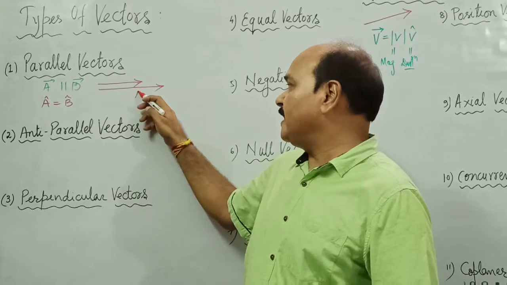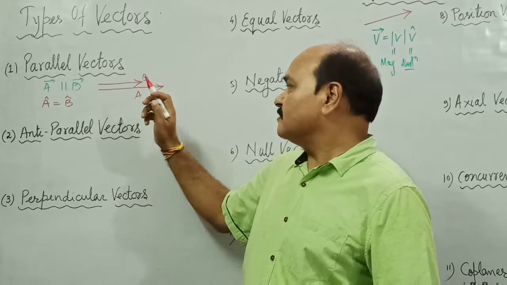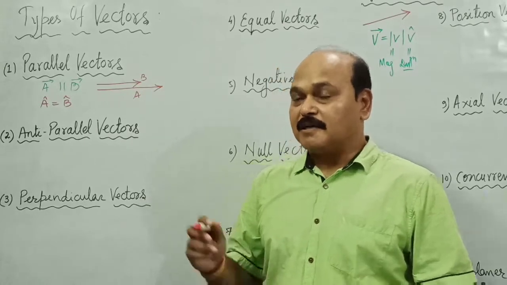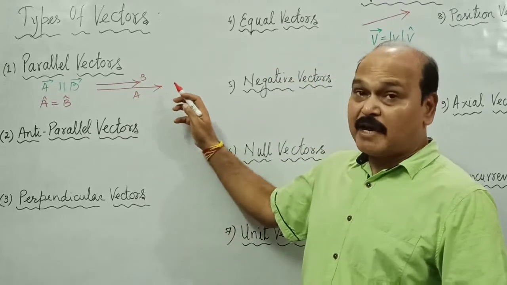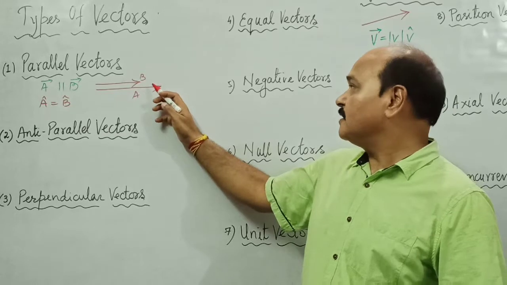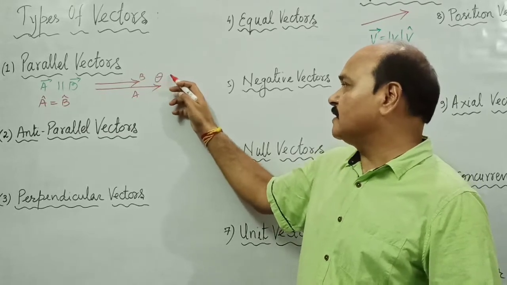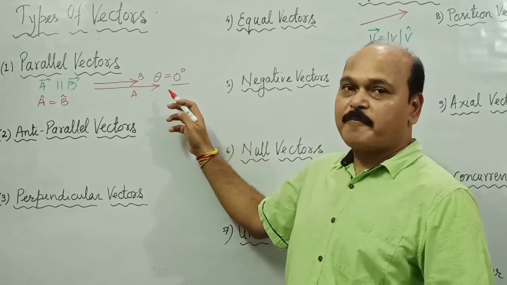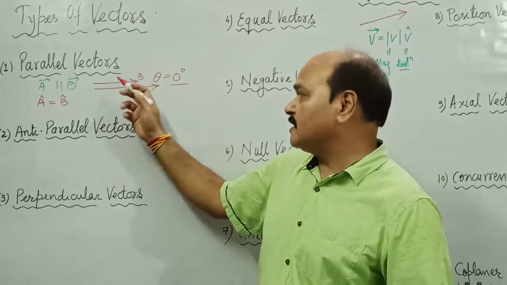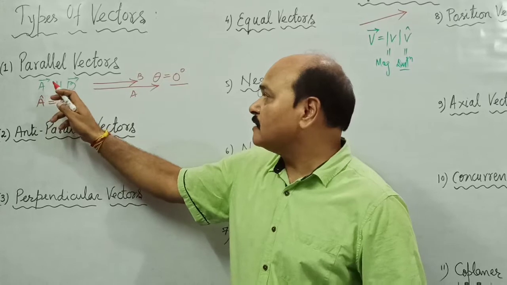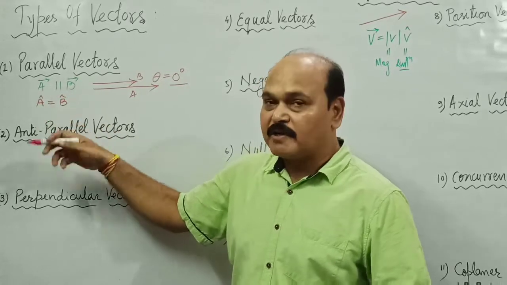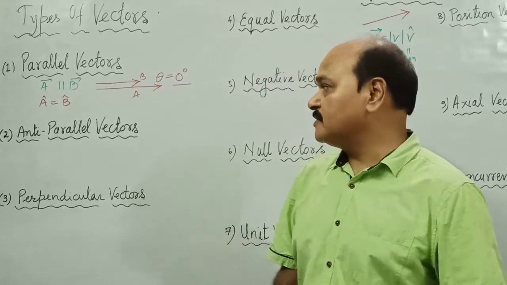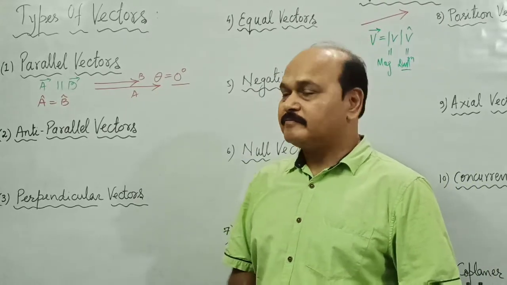If this is vector A, this is vector B. So parallel vectors are vectors in the same direction. The angle between their directions is 0. Since their directions are the same, the unit vector of A is the same as the unit vector of B. Magnitude may or may not be the same. There is no condition about magnitude.